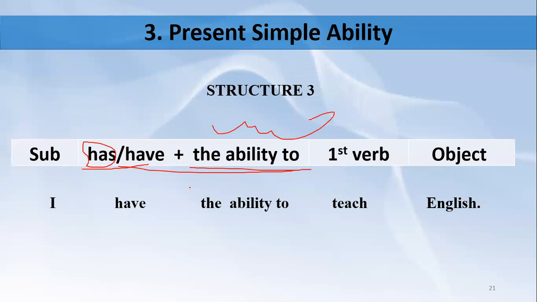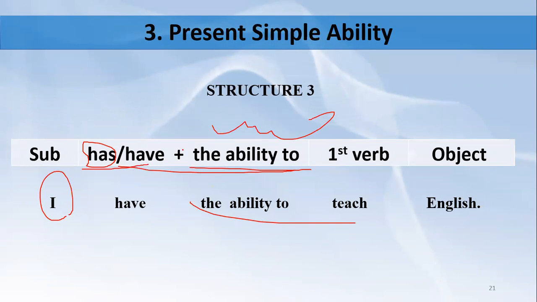Like he has the ability to teach English, she has the ability to do this, the boy has the ability to do this, the girl has the ability to do this, the student has the ability to do this. I have the ability to do this, we have the ability to do this, they have the ability to do this, the students have the ability to do this. So this is the third structure.